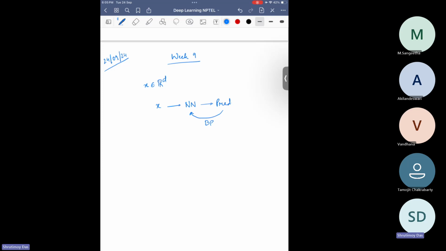You can have images, you can have text, or you can have different signals like audio signals or speech signals. As we saw, the neural network expects some vector type of input. Here it expects that you have a vector, and then the rest of the task is easy. So how do you go to this vector?